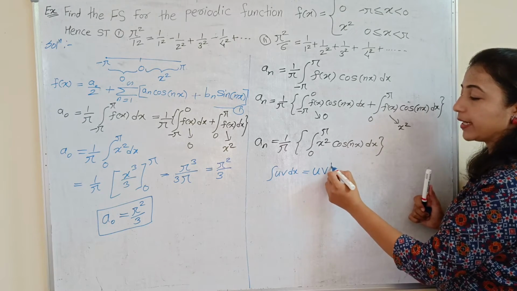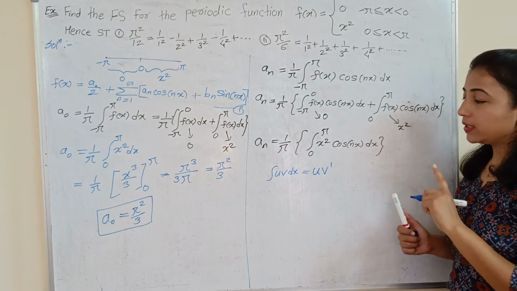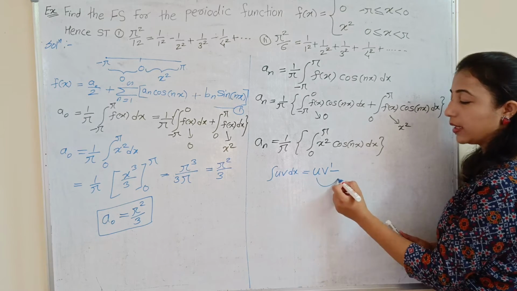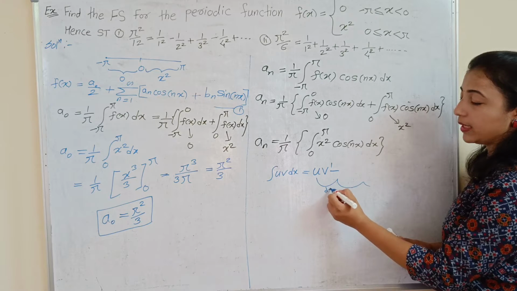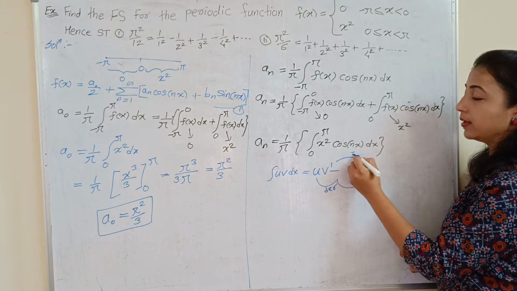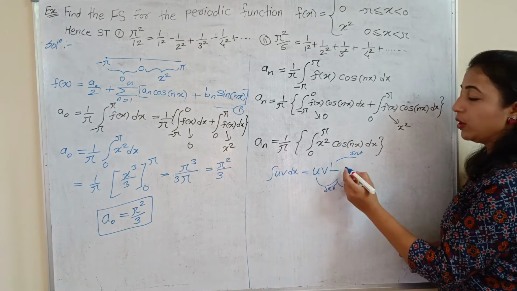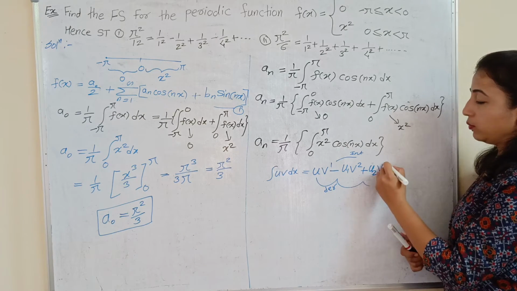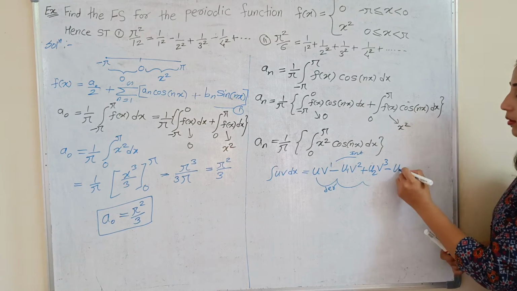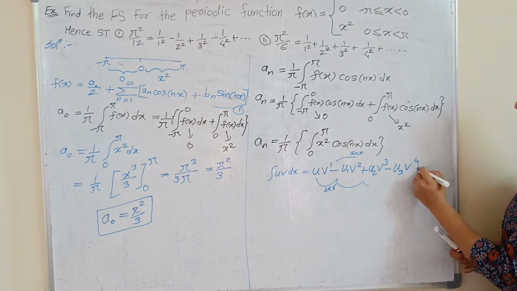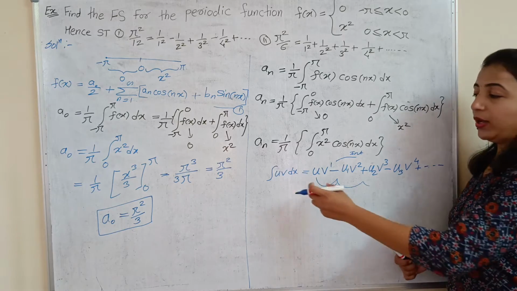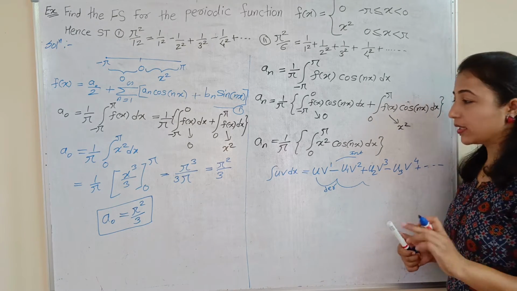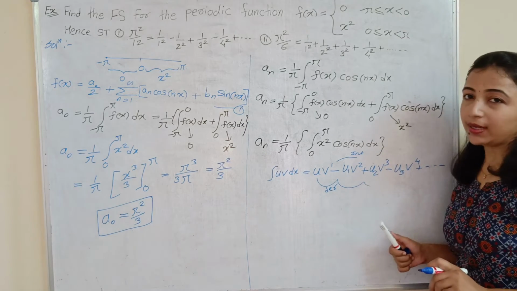So integration of second term, alternate plus minus, so this term is plus, next is minus. First term का derivative करते जाना है, so it is a derivative, और second term का integration. So derivative of u is u1 v2 plus u2 v3 minus u3 v4 and so on. So ये formula use करने से बार बार integration by parts जो use करना पड़ता है वो भी यहाँ पे skip होता है और एक straight line में you will get the answer.